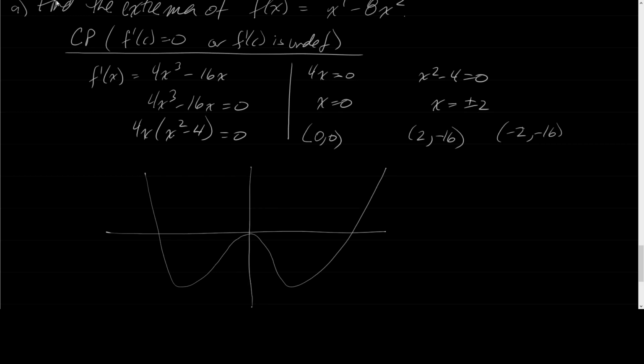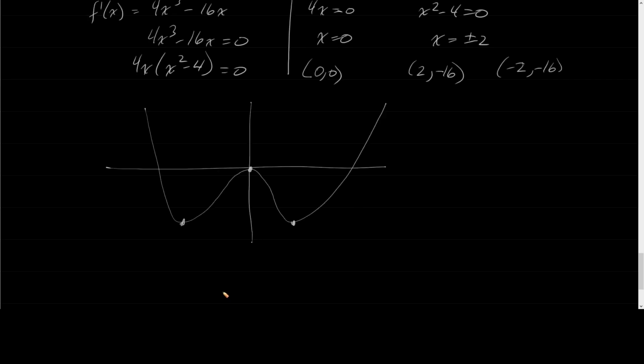So in here, we have critical points here, here, and here, because those are the relative mins and max. And that's exactly what these values are: this point (0, 0), this point (-2, -16), and (2, -16). Those are the relative mins and max of the function.